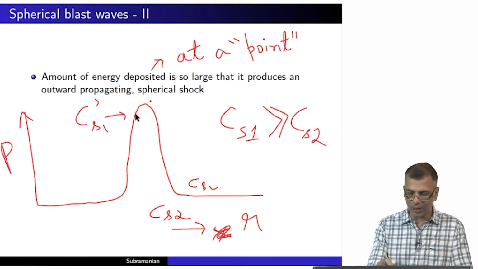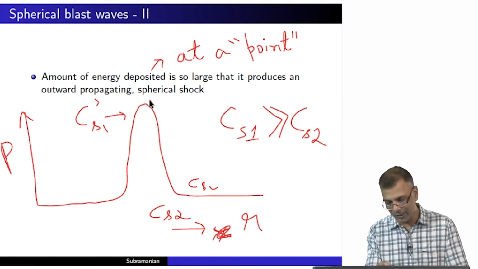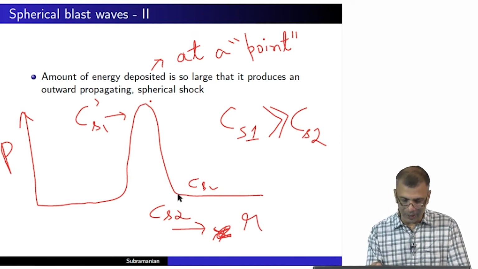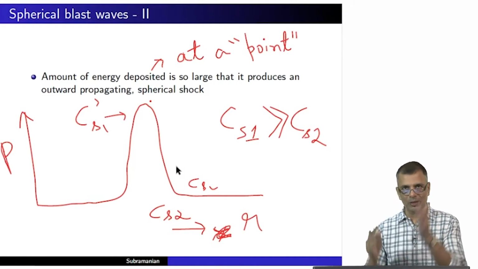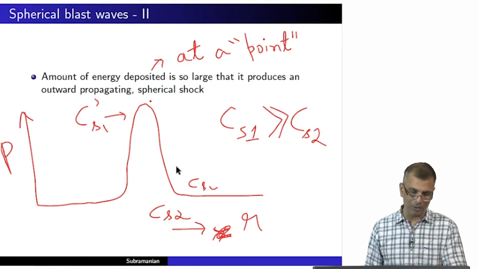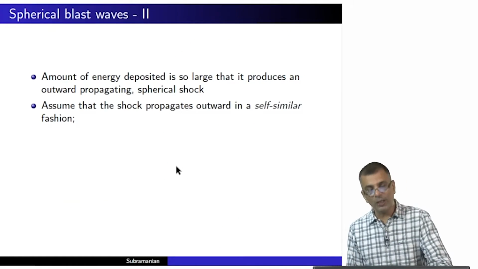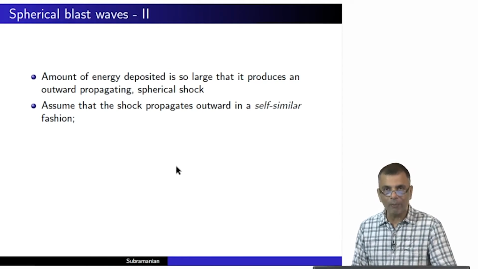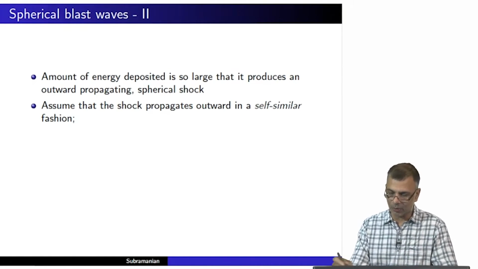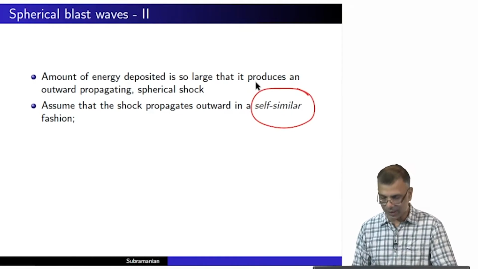This amplitude is so large that cs1 is much larger than cs2, so this overtakes the leading edge, and it leads to a steepening of this front, and it eventually leads to the formation of a shock. Okay, the other principal assumption is that the shock propagates outwards in a self-similar fashion, and this is a very important word. It's important to understand what self-similarity means.